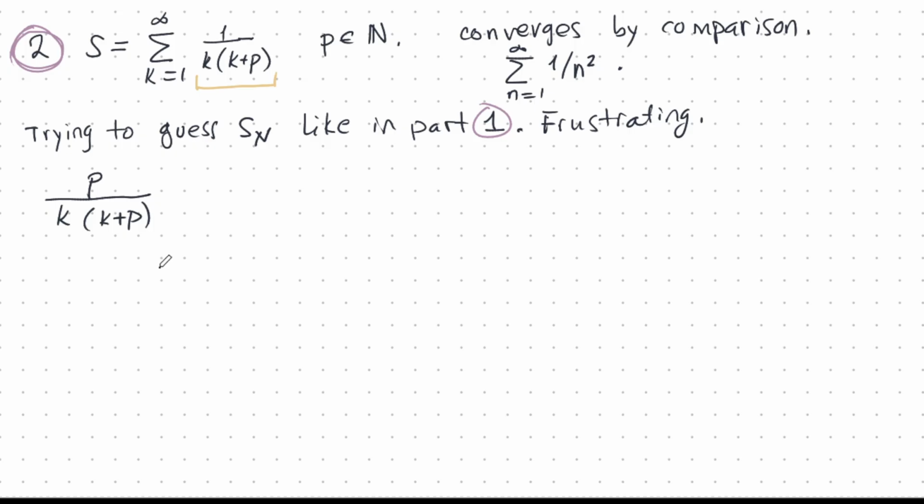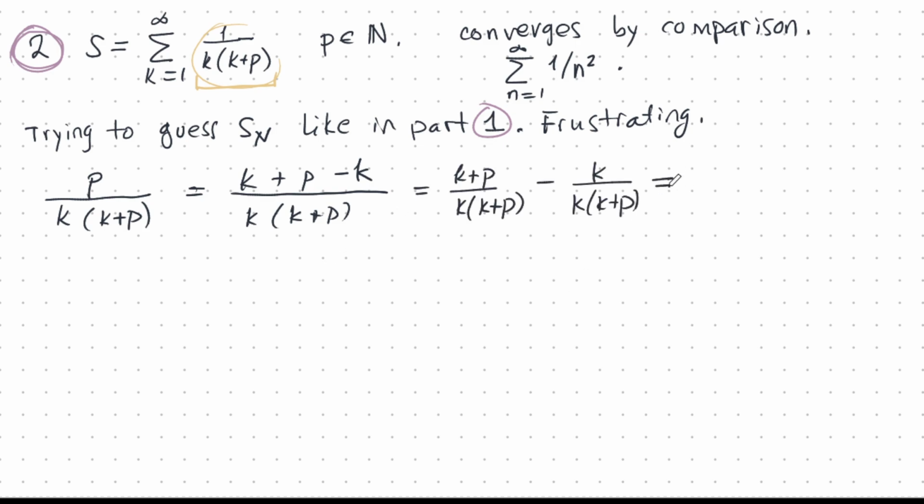Let's look at this expression, p over k times (k plus p). It's like the earlier one, but multiplied by p. I can write the numerator as (k plus p) minus k, so I add and subtract k in the numerator. This is a really nice trick. Now I can cancel out some stuff.